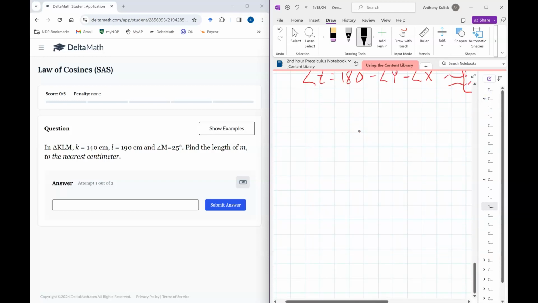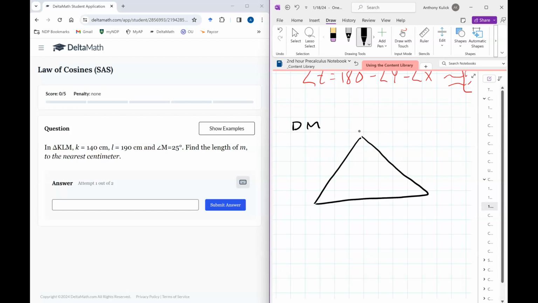All right, so I'm going to start by drawing myself a picture, since I know it's a side angle side situation. Okay.